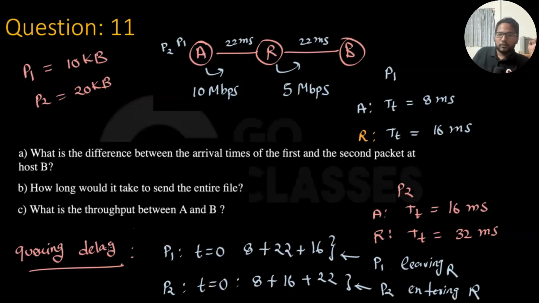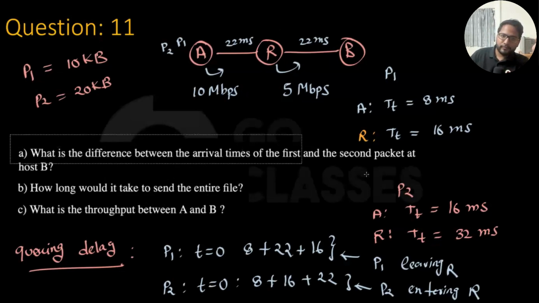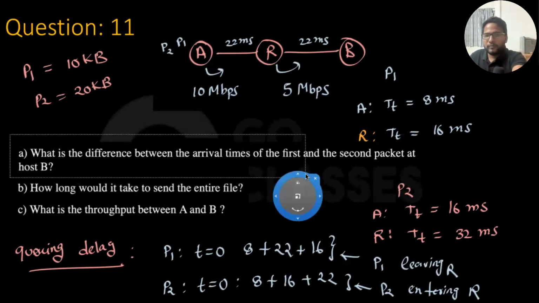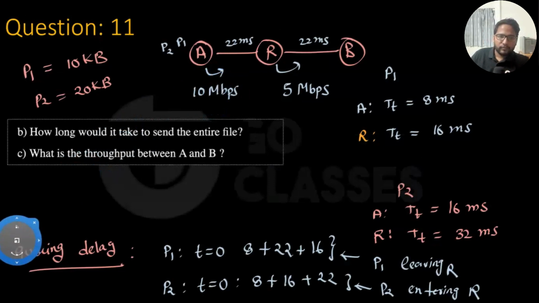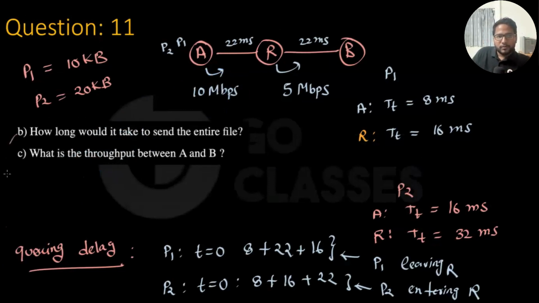Okay. Now you want to check how long it will be taking. Since there is no queuing delay, you can just check using the last packet method. Do you remember that method? So do you want to solve this question quickly? What is the total transmission time for all the packets?